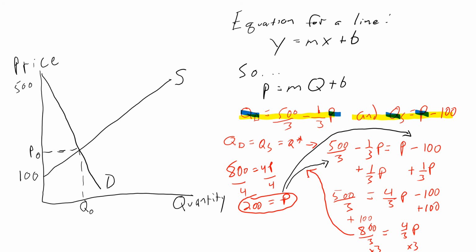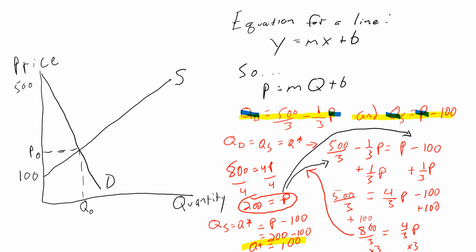So we know that QS equals Q star equals P minus 100 equals 200 minus 100 equals 100. So Q star equals 100, which is the exact same answer that we got on the previous slide.